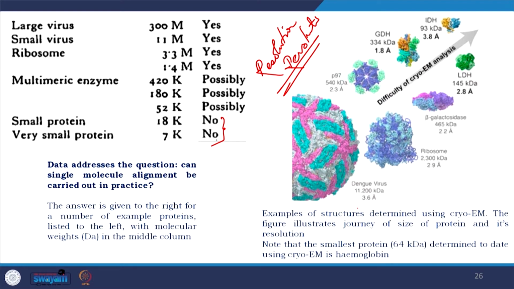Also, now the smallest one is hemoglobin, which is solved at 64 kilodalton size.